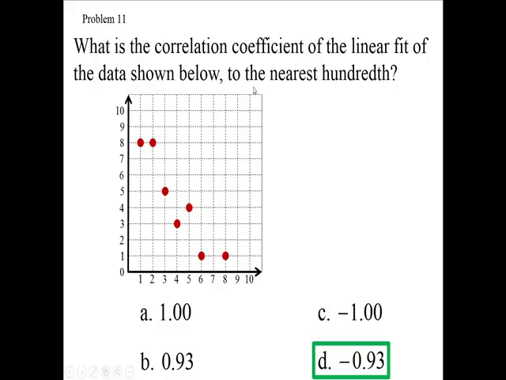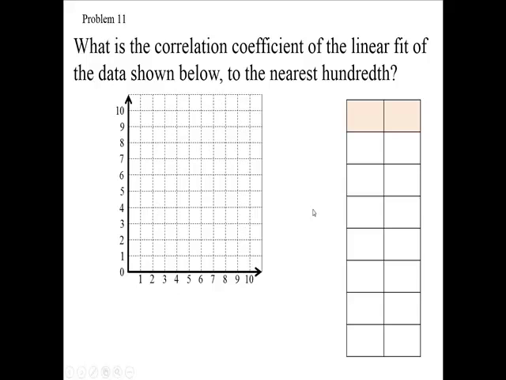Now, what is a correlation coefficient? Well, we will start off with our points, x, y. This point is the point (1, 8). And 2, you're still up at 8. Go over here 2 and go up 8. So it's (2, 8).